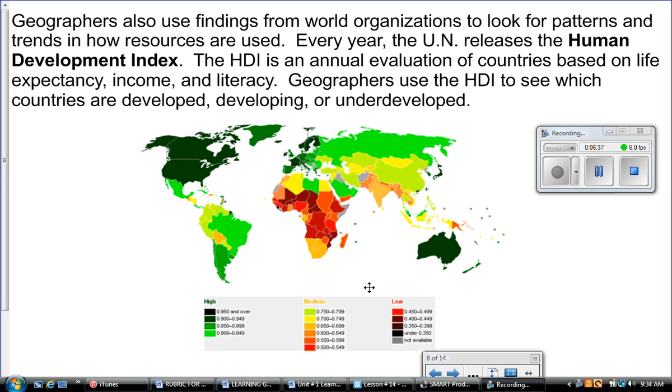And the countries that rank low on the HDI are in the darker reds and the black. So just take a moment to consider which parts of the world tend to have the higher scores and which parts of the world tend to have the lowest scores. And we'll talk about that some more tomorrow.